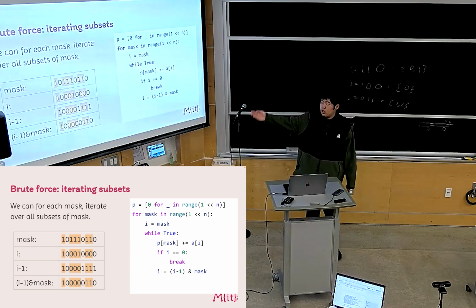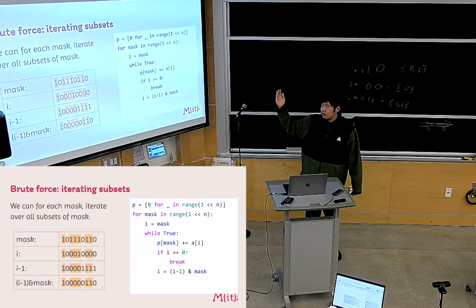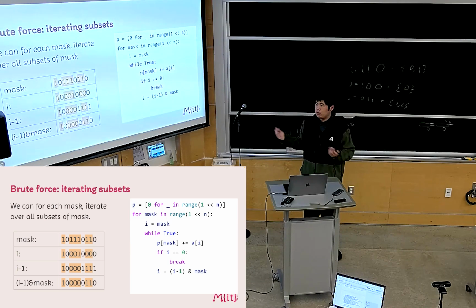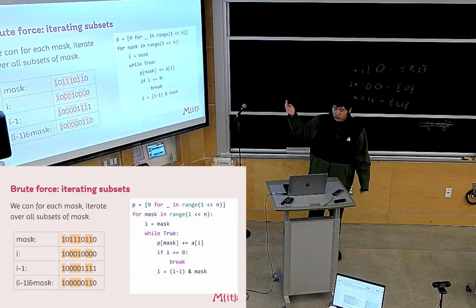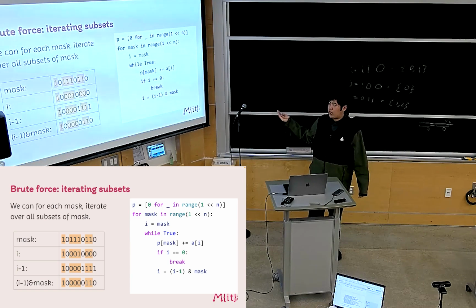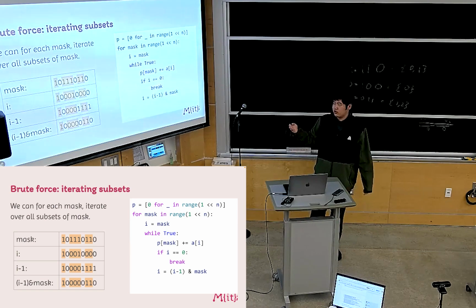So here's an example on the screen where the highlighted bits are the bits that are on in mask, or the bits that we're trying to iterate over subsets for. Mask is currently 1 0 1 1 1 0 1 1 0, and suppose I was 1 0 0 0 1 0 0 0 0.